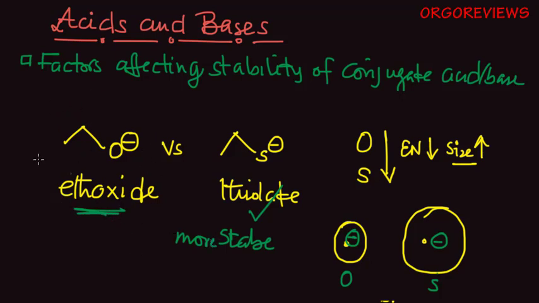And therefore, any acid coming from this ethoxide will be less acidic compared to an acid coming from a thiolate. So we will predict that if you have an acid like this, which is the conjugate acid for this base, that will be more acidic. So this will be more acidic than that one.